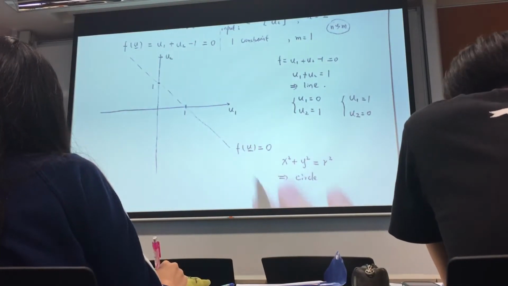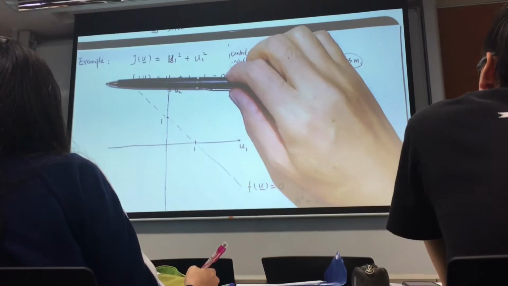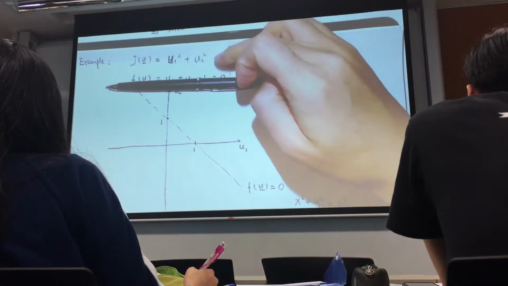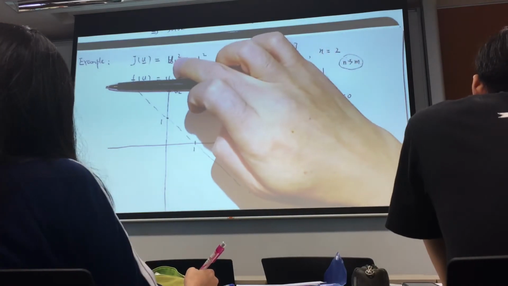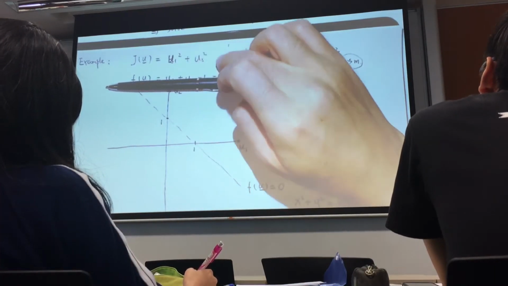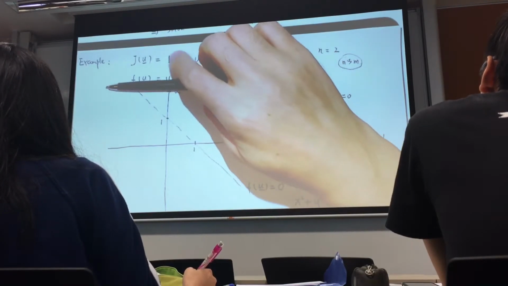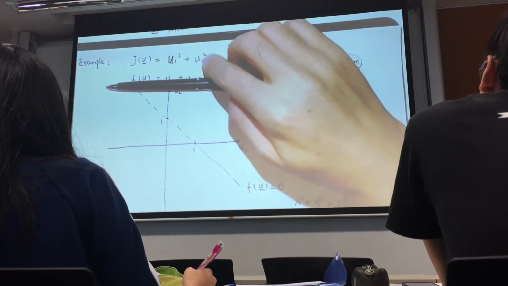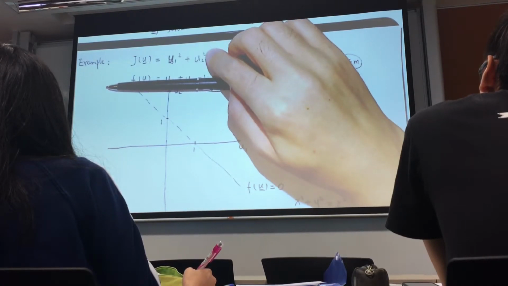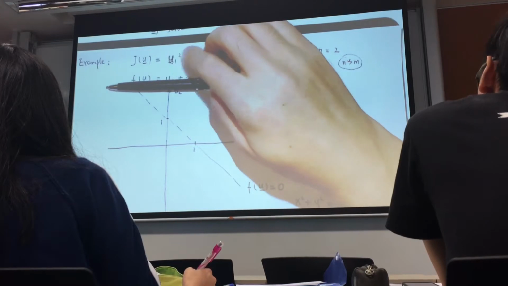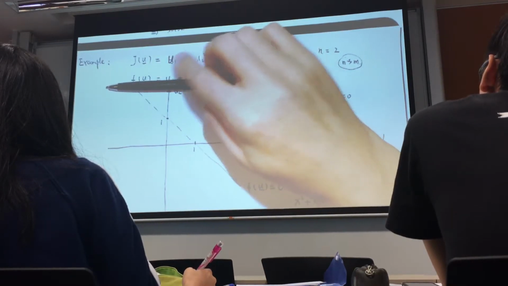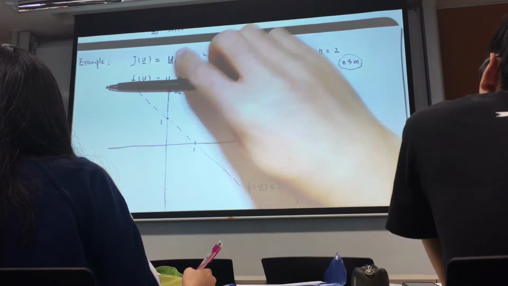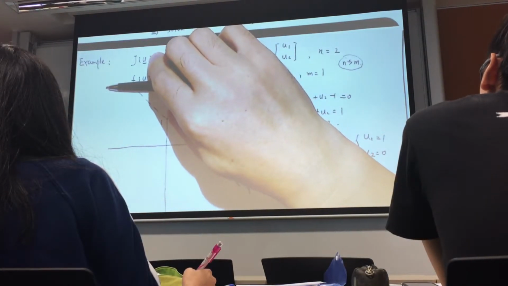If we don't have this constraint and you want to minimize this problem, the solution will be u1 equal to u2 equal to 0, because each term is a square, so it must be greater than or equal to 0. The minimum value is 0, and the cost equals 0.